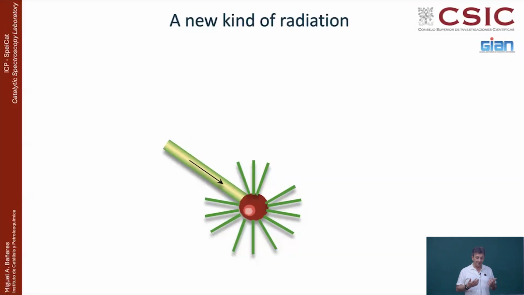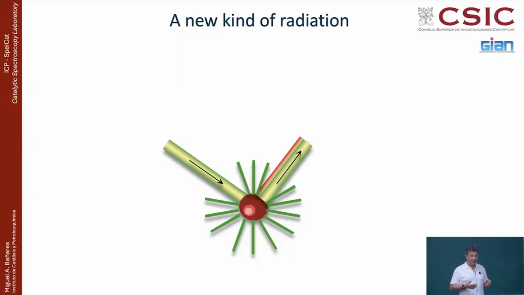Now that means that if it has the same frequency, same energy, there is no exchange of energy. This is elastic scattering. And that means that you are getting no information, except that there was a particle there, but you don't get any chemical information because there is no energy exchange. And that is elastic scattering, which is typically called Rayleigh scattering.